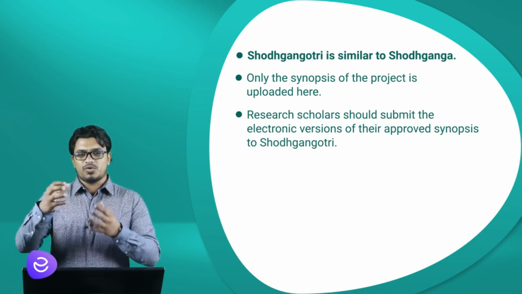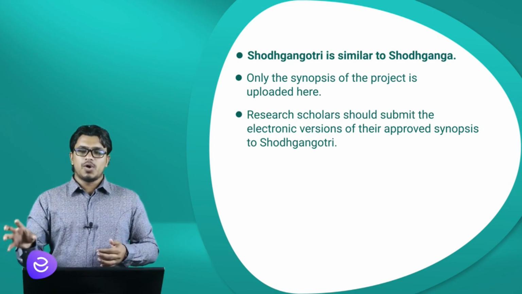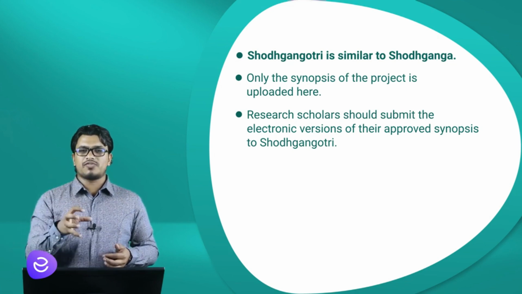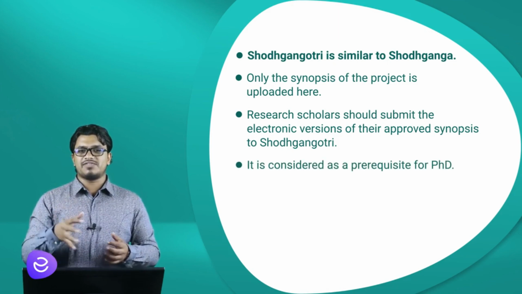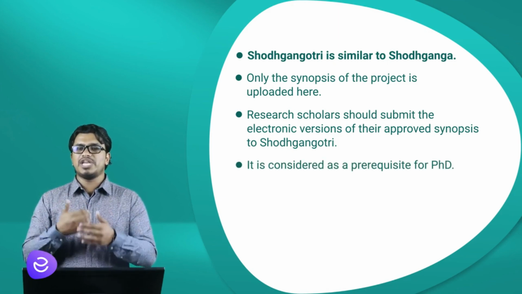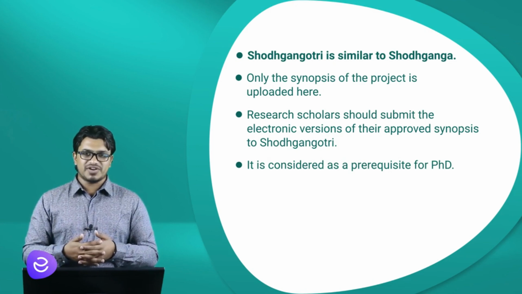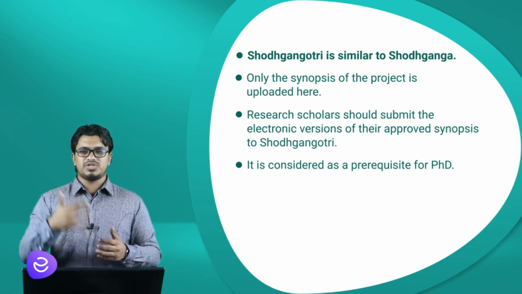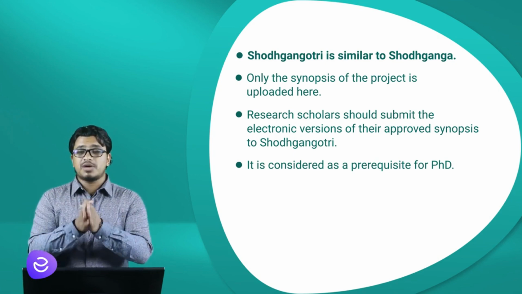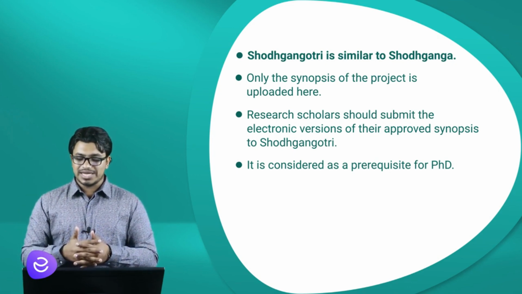Only after the soft copy of the synopsis is uploaded to Shodhgangotri can they register for the PhD program. Many universities have made it mandatory for scholars to submit the synopsis of their thesis to the Shodhgangotri platform.